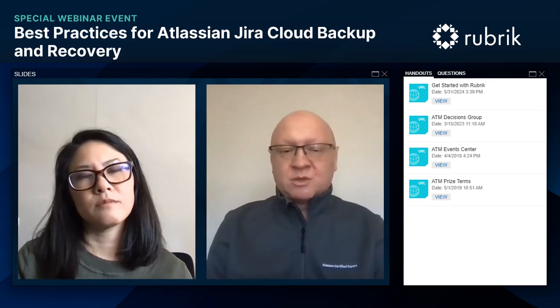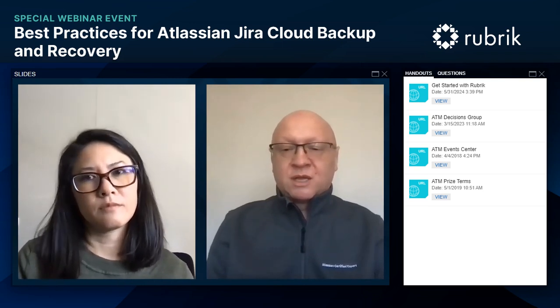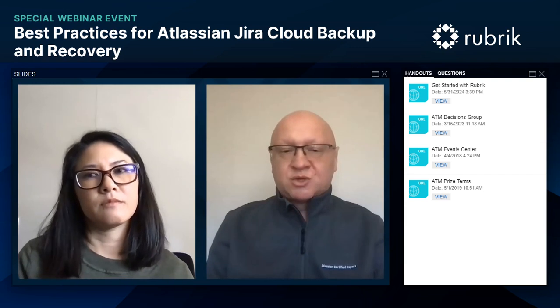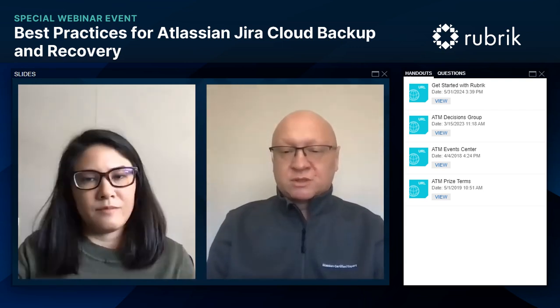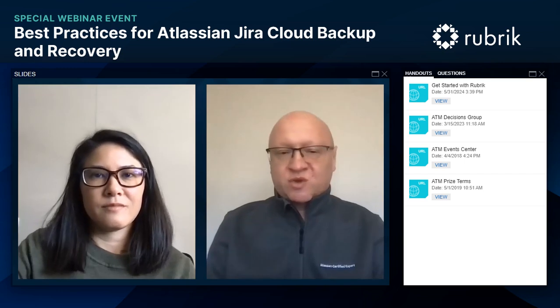Rubrik has 1,000+ engineers and a total user base of about 2,500 users. And most of them are in Jira on a daily basis doing their day-to-day jobs to help deliver solid products and to work as one large organization cross-functionally.